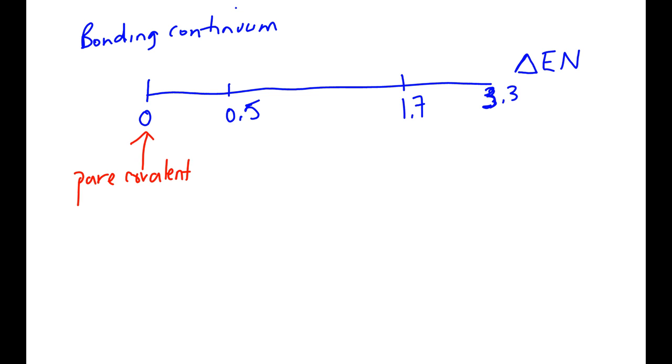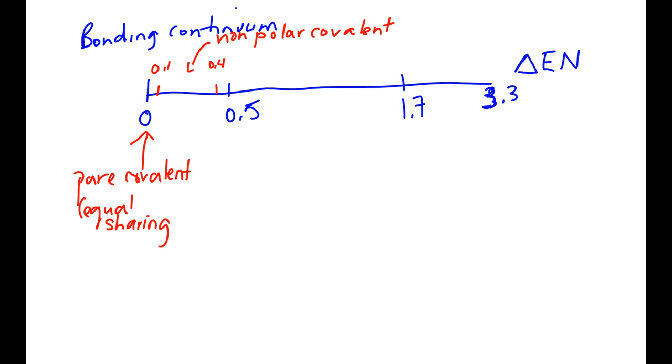There's absolutely equal sharing. If you are 0.1 to 0.4, you are considered to be non-polar covalent. So that means there isn't that dipole formed. The difference is small enough that you're nonpolar.